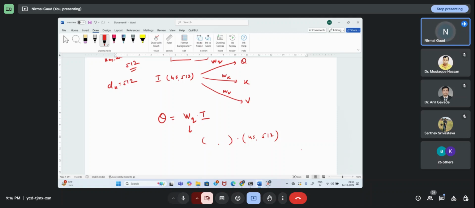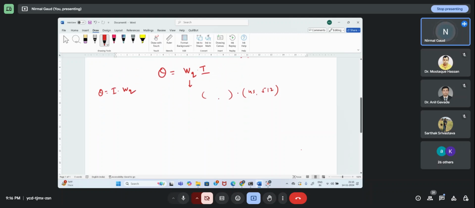In some places it's written like this: don't write WQ dot I. Some places you might see I dot WQ, like this. Input should be considered first. So input is 49, 512.